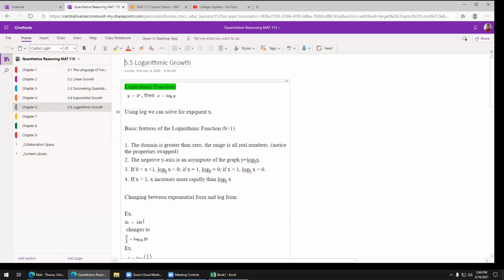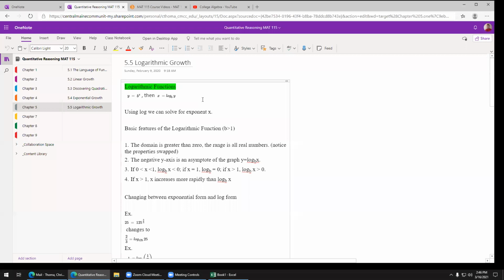Basically, notice the x and the y swap places. So I have y equals in the exponential, and in the logarithmic, I have x equals. So the way I do this is I take the exponent and drop it down and make it equal. And what I do is I take the log, with base b, of the y value.